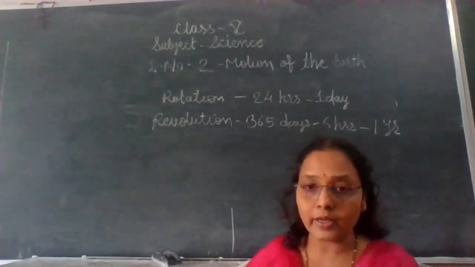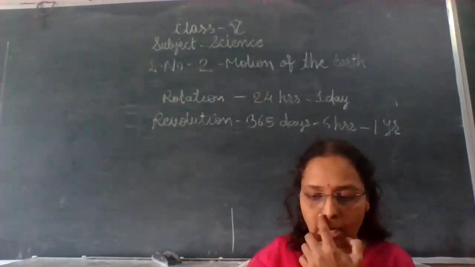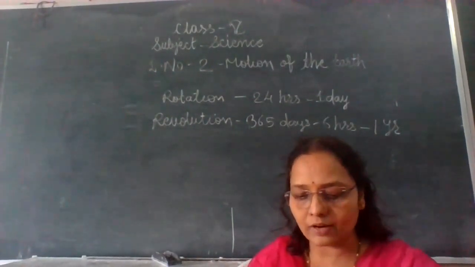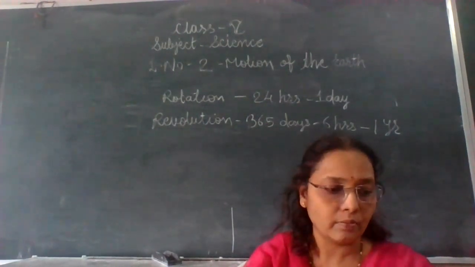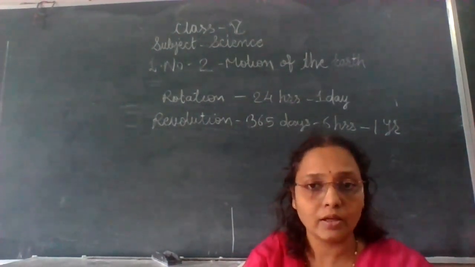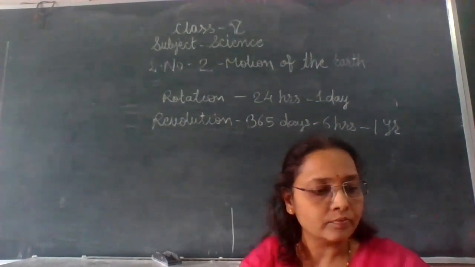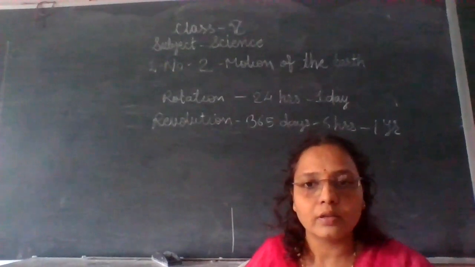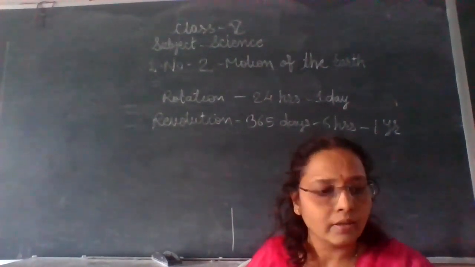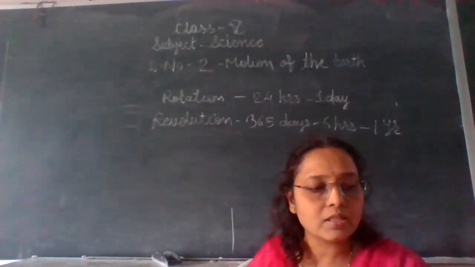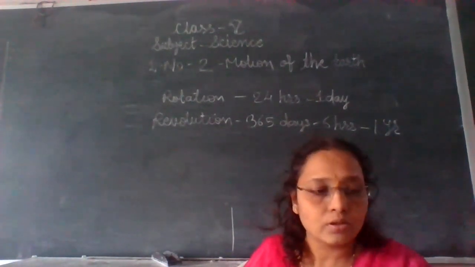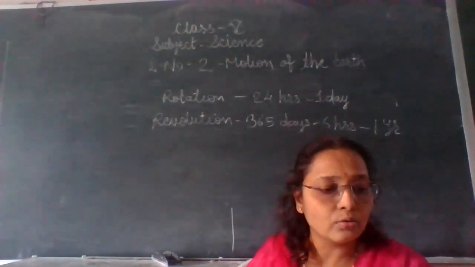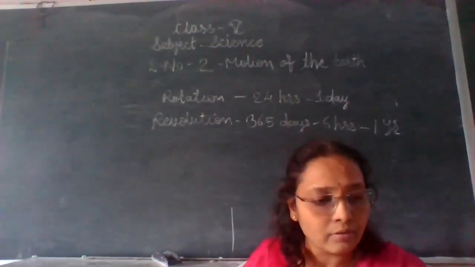So there are about 365 days and 6 hours in a year. But one thing, remember, in the Gregorian calendar, the year is taken to have 365 days.